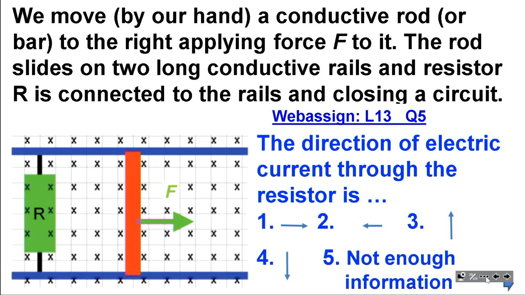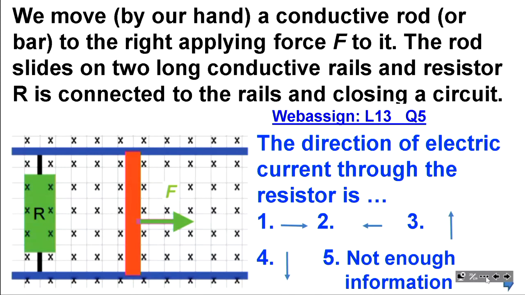And if we have a battery and a resistor in a closed circuit, there has to be electric current. And electric current travels in the circuit either counterclockwise or clockwise, which means electric current through this resistor travels either down or up. Electric current through the rod, of course, travels down or up. Electric current through conductive rails travels left or right.